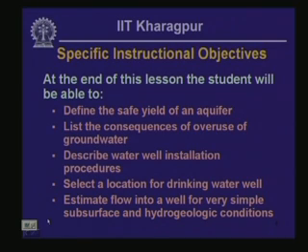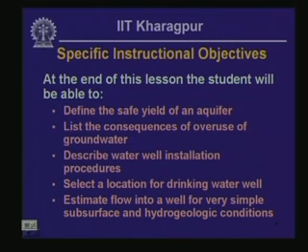Okay, so what are the objectives, what are the things that we want to accomplish at the end of this particular lesson? We would like to be able to define the term denoted as safe yield of an aquifer. We would like to be able to list the consequences of overuse of groundwater.